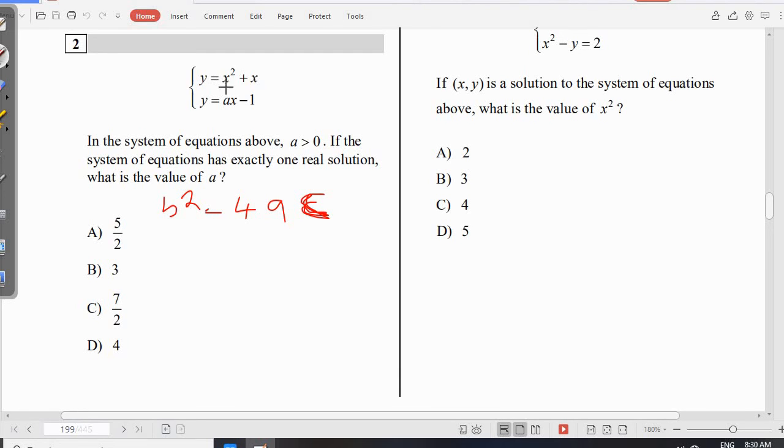So let's arrange this. If y equal to this, we have x squared plus x plus ax.